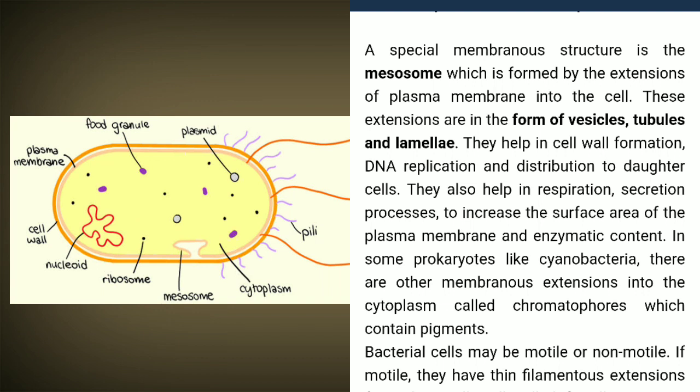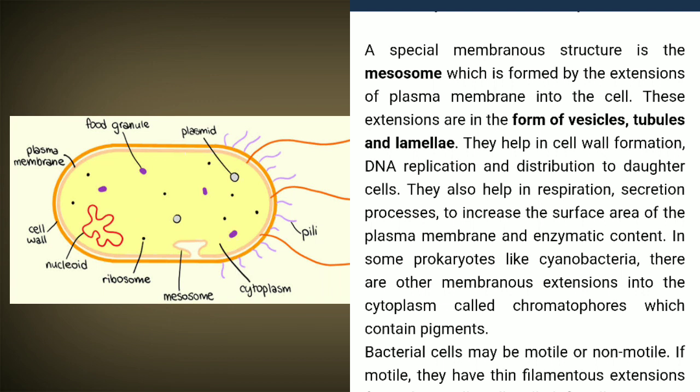This inner part of a prokaryotic cell, let's start with the mesosome. Now the mesosome is a structure we can call the infolding of the cell membrane. As you can see in the diagram, the cell membrane gets folded or grows towards the inner side, and that becomes a bag-like structure or an extension.